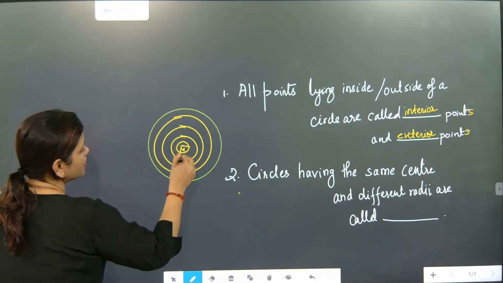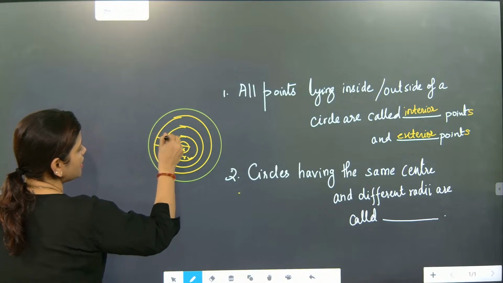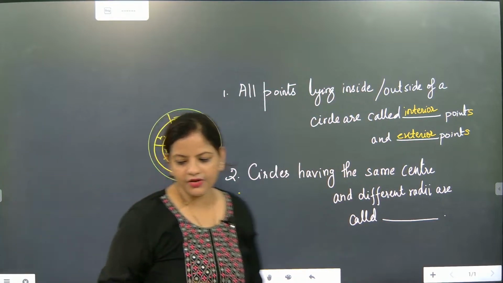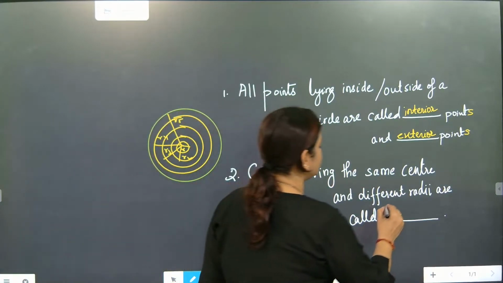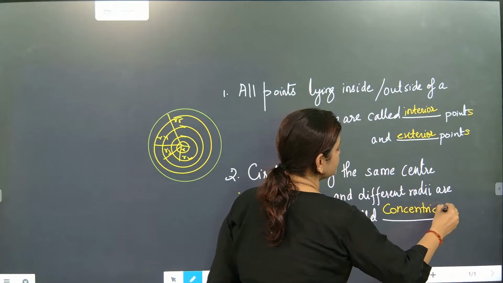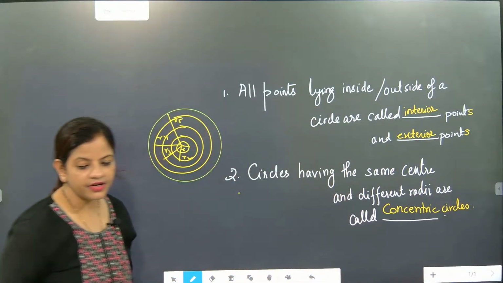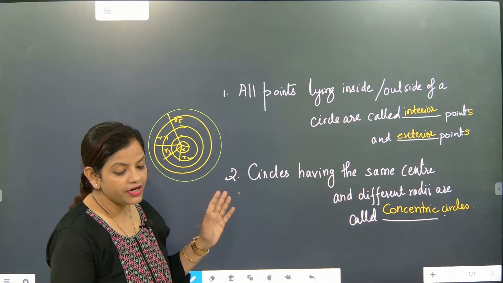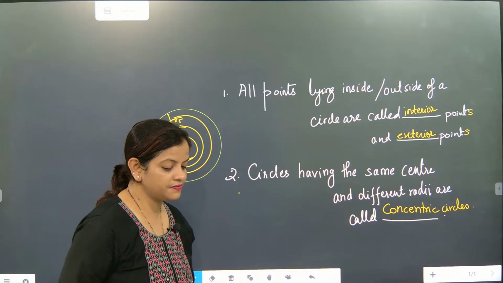This is R1, this is R2, this is R3, this is R4, this is R5. So same center and different radii, they are called concentric circles. Circles having the same center and different radii are called concentric circles.